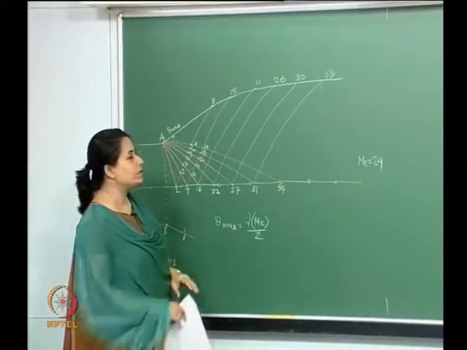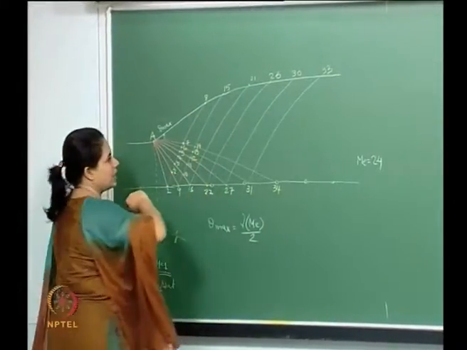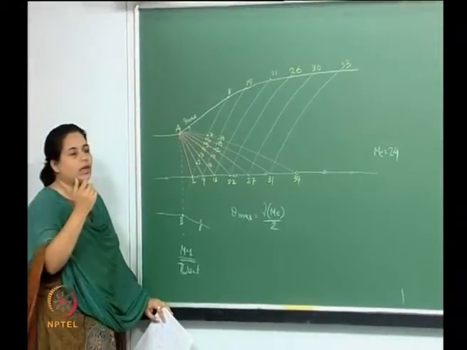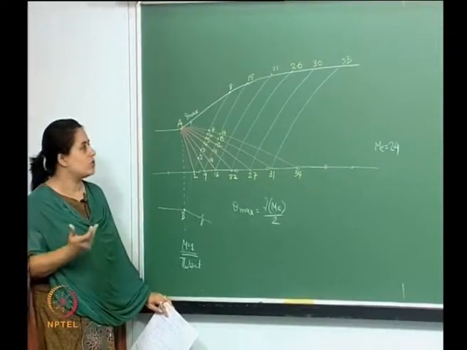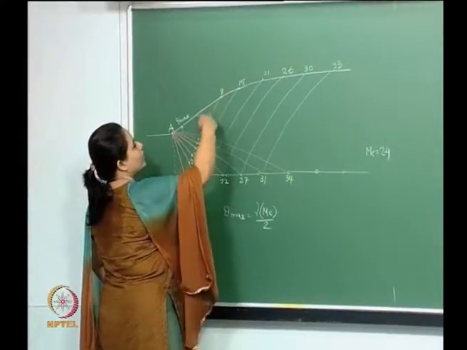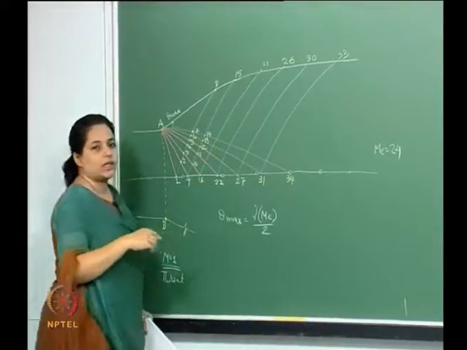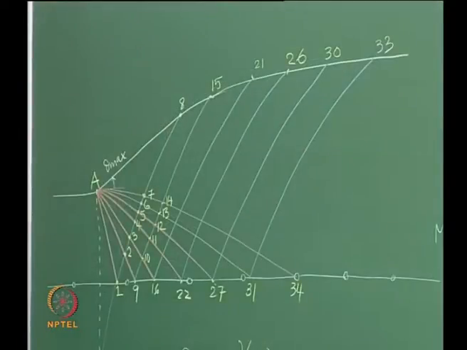So I should be able to locate these points with respect to this, and hence when I connect them, I will have a surface. So clearly, if you can have more number of points here, more number of points within this here, etc., then it gives a better estimation of the nozzle.